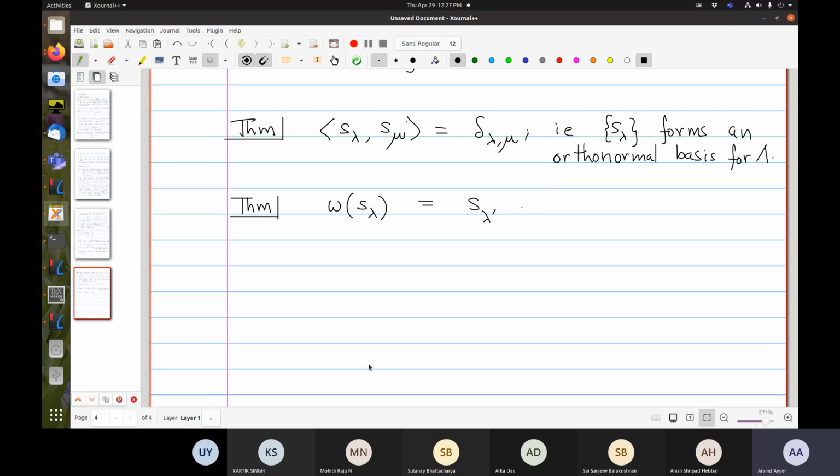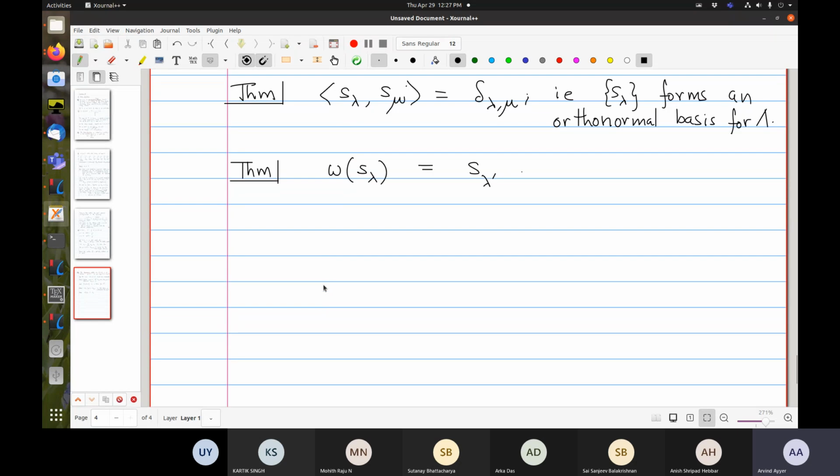So let me go back to another definition of the Schur functions, and this is in fact the original definition. This is due to Cauchy.